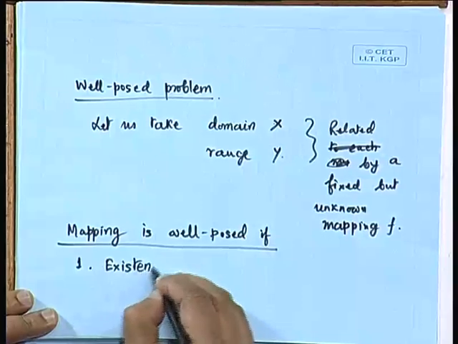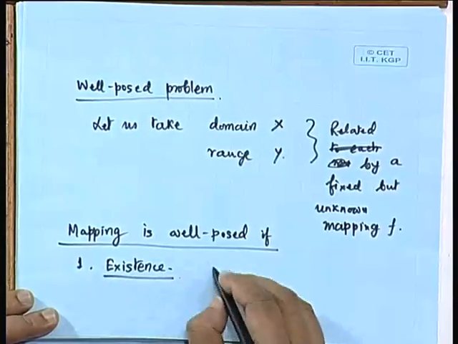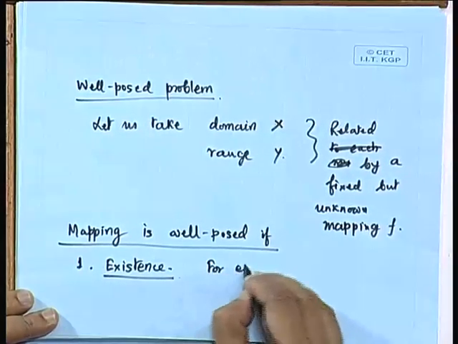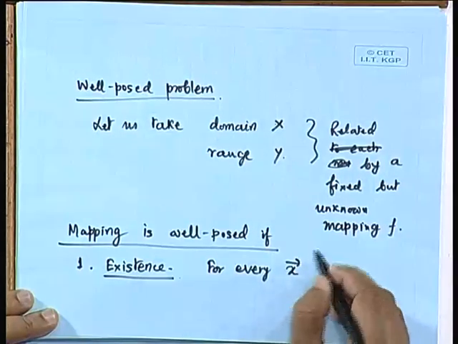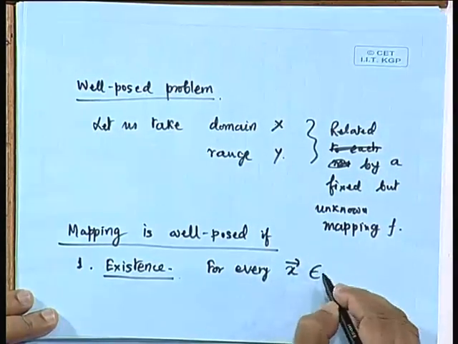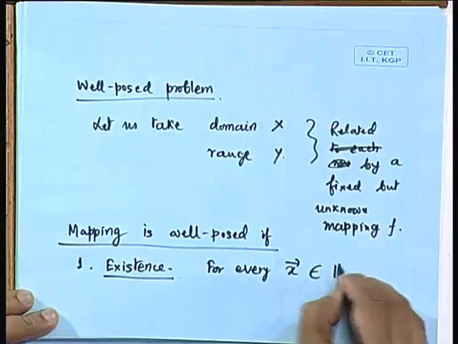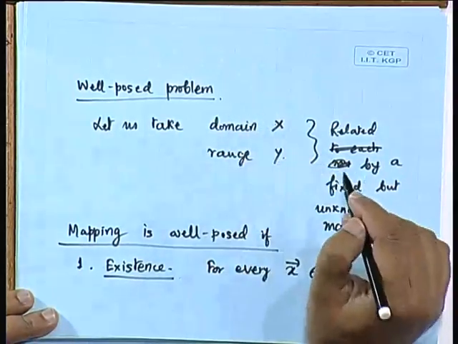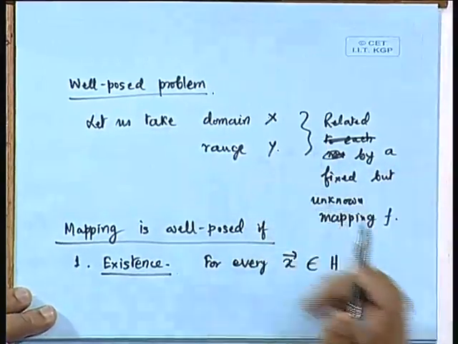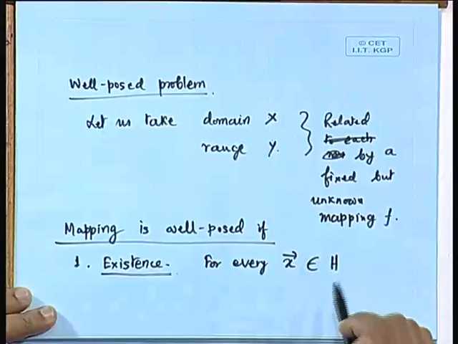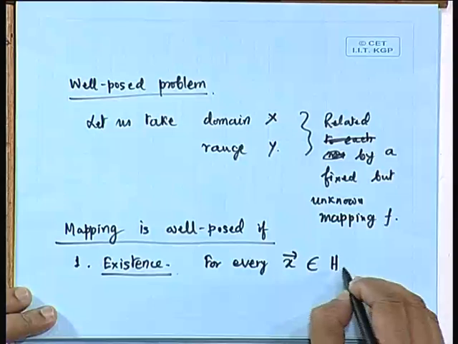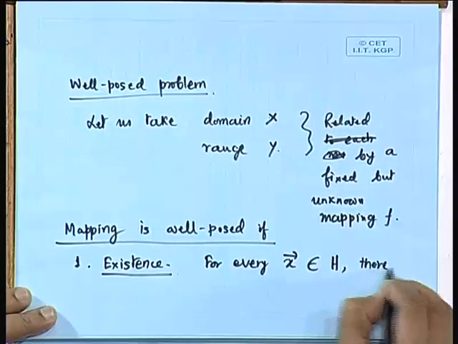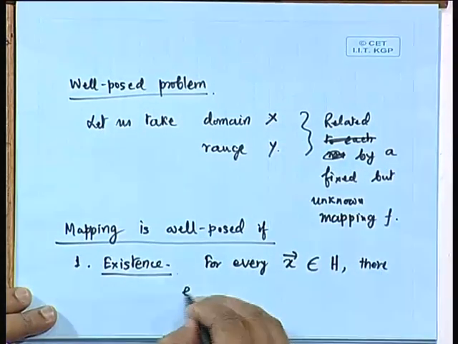By existence we mean that for every x vector belonging to a set H, that means from the domain we pick up all these x's, and for every x belonging to H, there exists an output y.